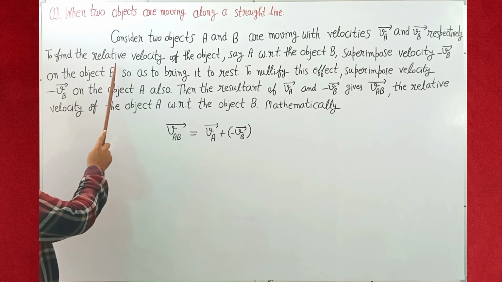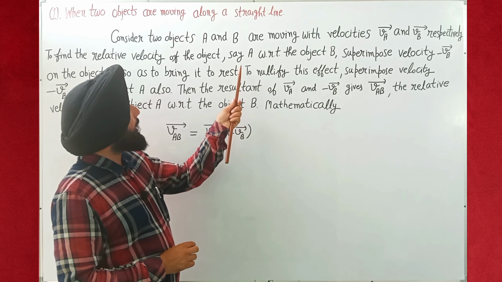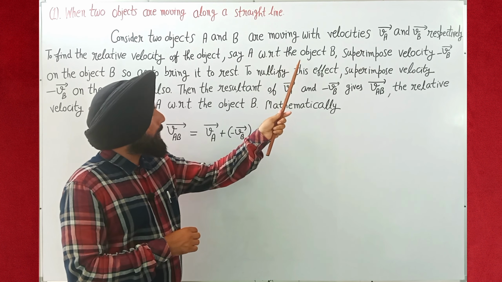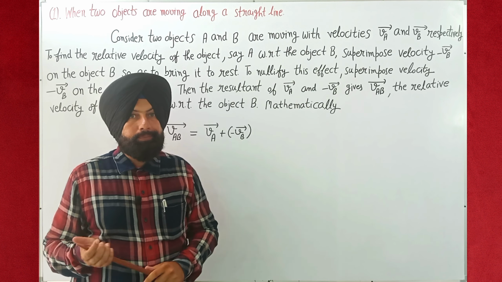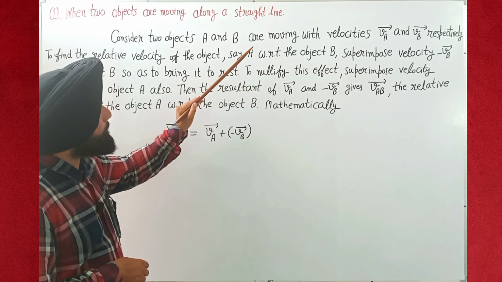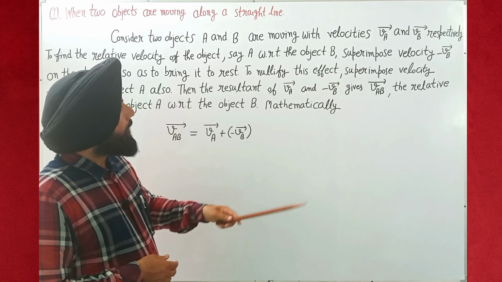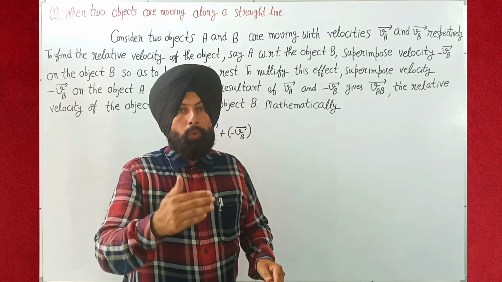To find the relative velocity of the object A with respect to the object B, we want to find the relative velocity of object A. Now what we have to do?